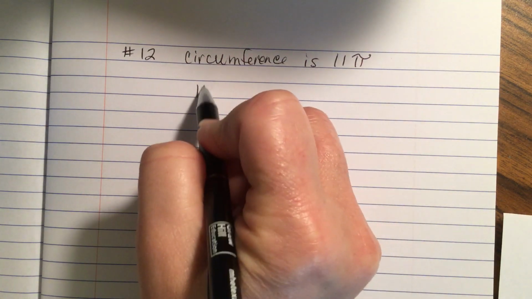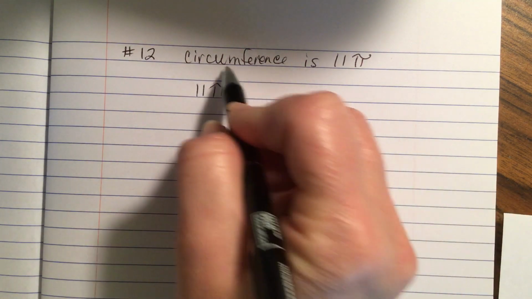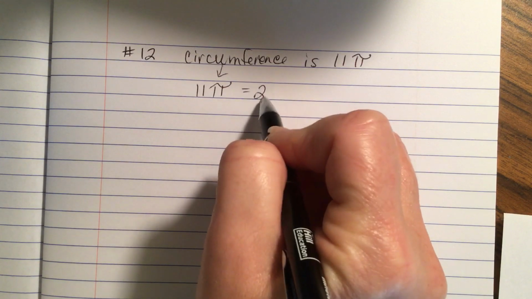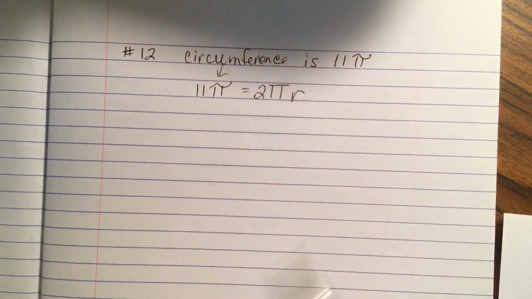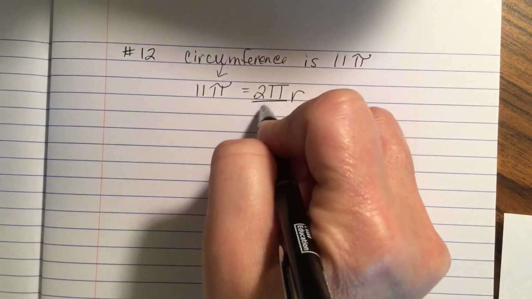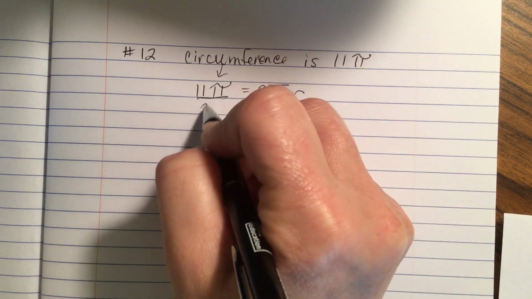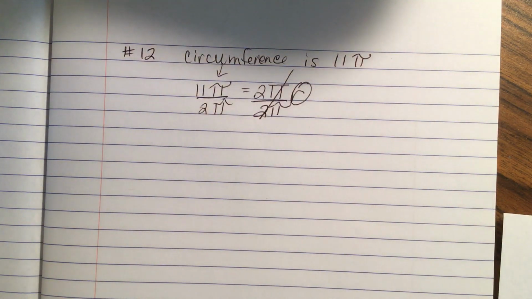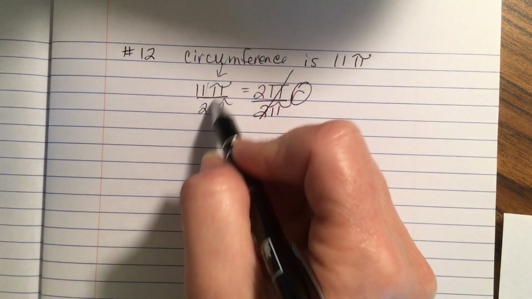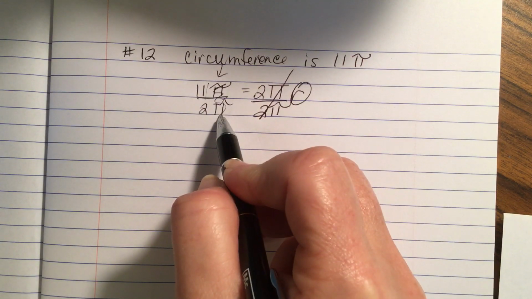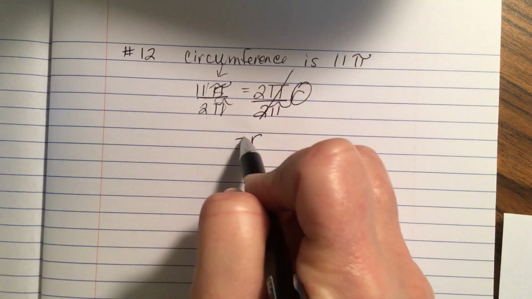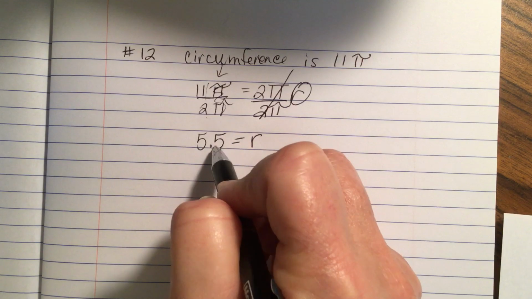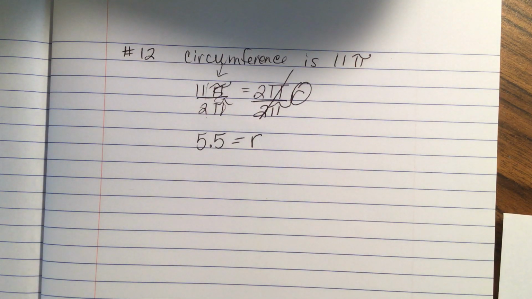So 11 pi, our circumference, is equal to 2 pi r. When I divide both sides by 2 pi, because we're solving for radius here, the pi cancels out. 11 divided by 2 is 5.5.